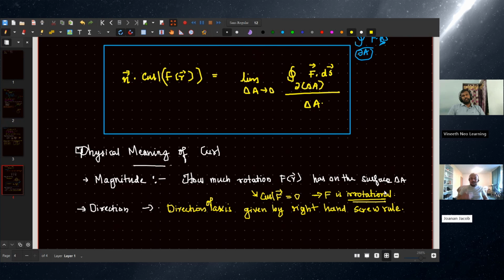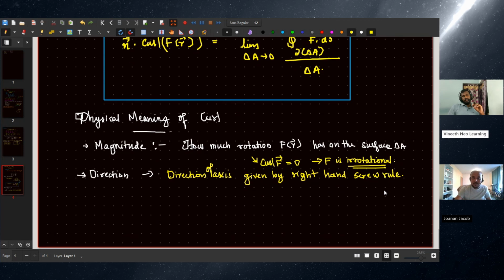You understand this idea of curl? What you said is that the curl will tell you whether a vector field is rotating or not. You may get an intuition about this when you think about it like this.